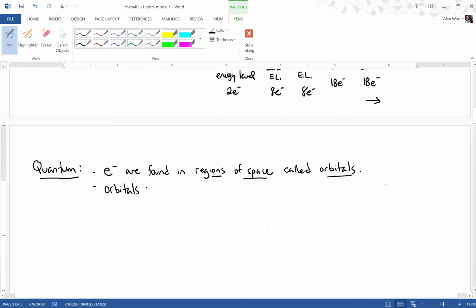Most of these orbitals are found around the nucleus. And because electrons are found in these orbitals, that also means that electrons also move around the nucleus just like the other models.